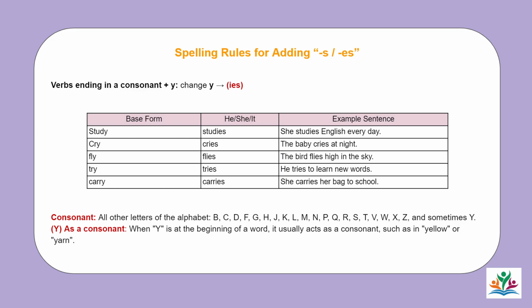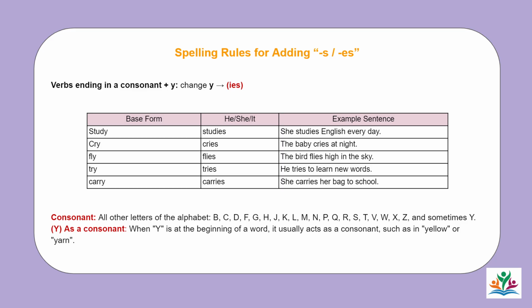This is very important. It's related to consonants and vowels. For some verbs ending in a consonant plus y, we need to change the y by adding an ies.